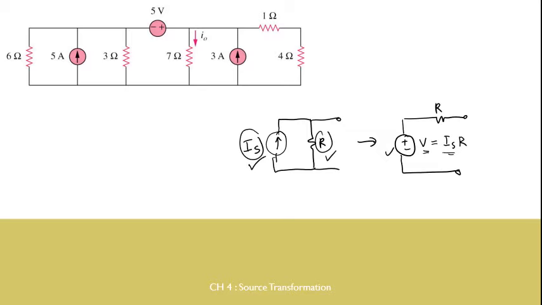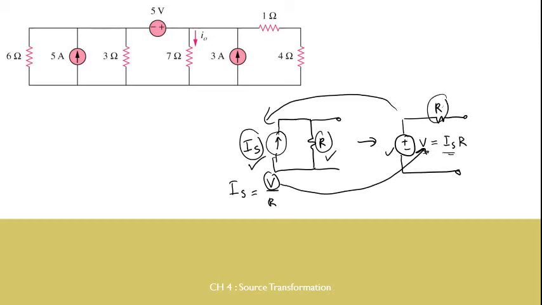And same as if you have a voltage source and you're going to transform into a current source here, then what is IS? IS is equal to V over R. Where does this V come from? V is coming from here. Okay, so V divided by R here.